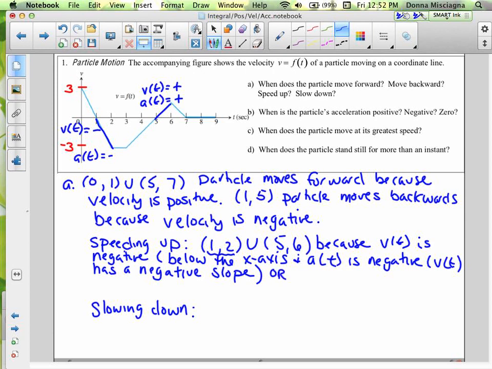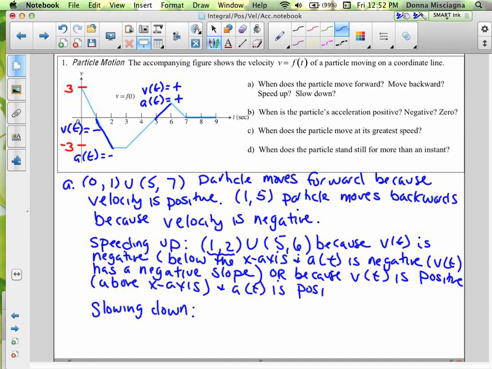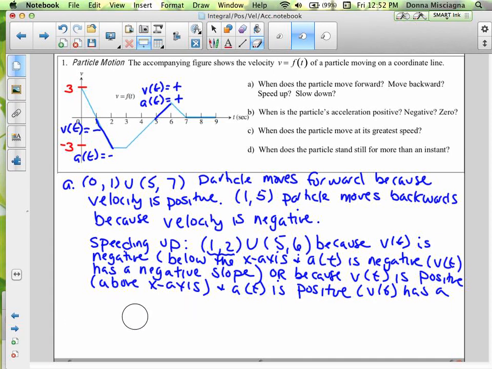Or from 5 to 6, because v of t is positive, it's above the x-axis. And a of t is positive, and that's because v of t has a positive slope. We're going to have to move this.